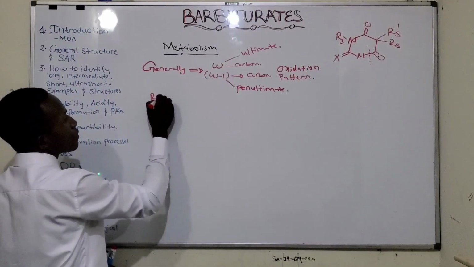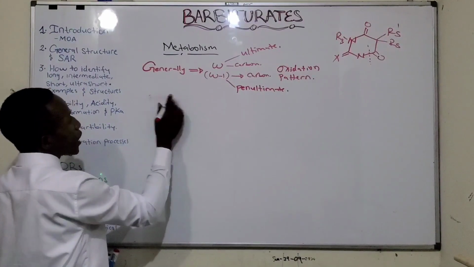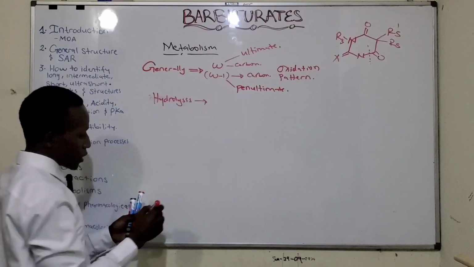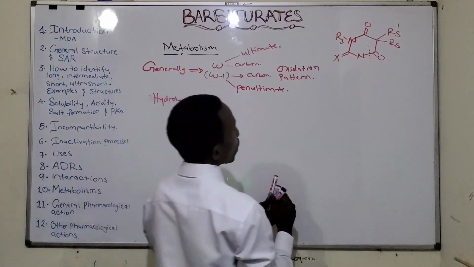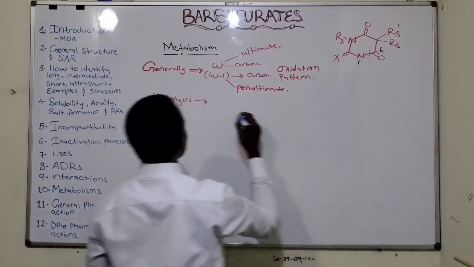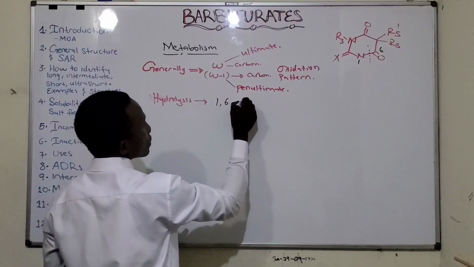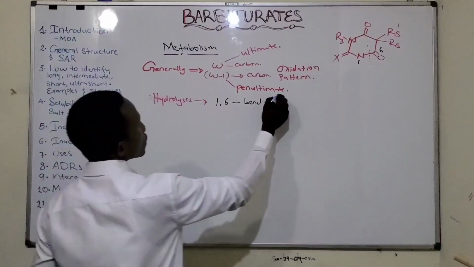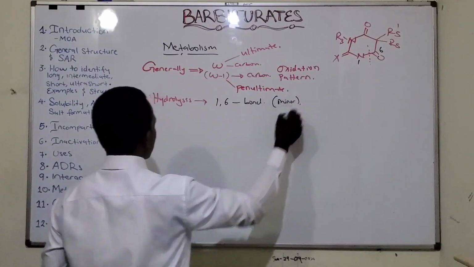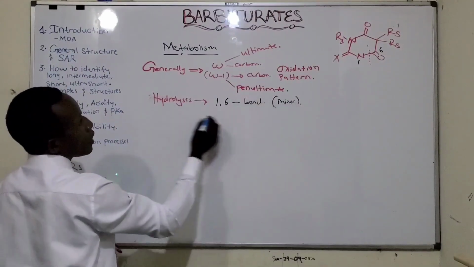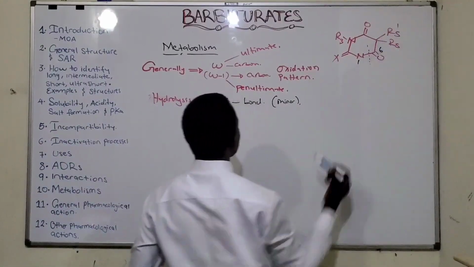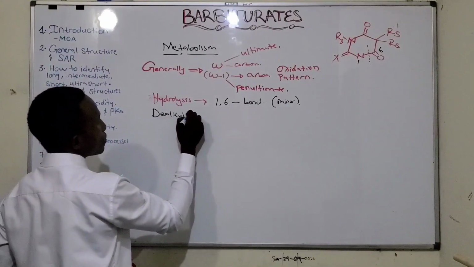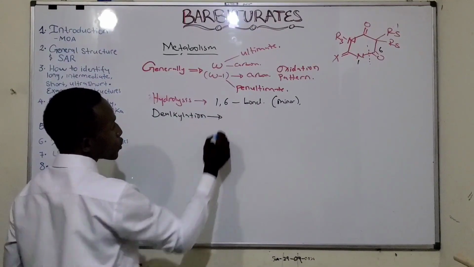We can have breakage or hydrolysis at the 1, 6 bond, position 1 and position 6. We can have opening of the structure, though this is minor. We can have removal of substrates, the dealkylation of substrates at position 5.